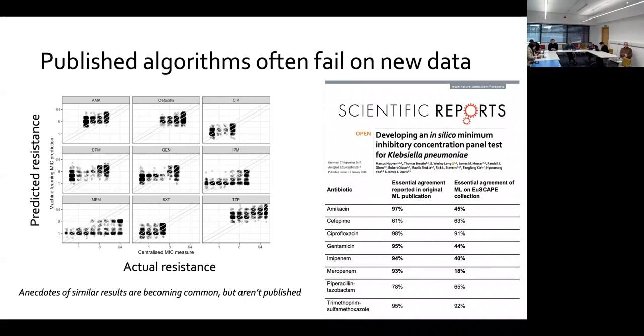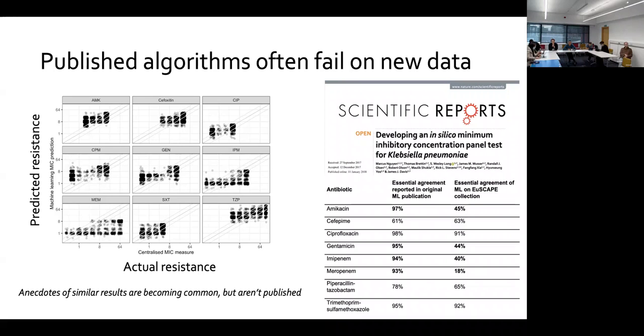So this algorithm was trained with Klebsiella pneumoniae collected from hospitals in America. And I took it and tested it on some of our isolates that were collected from hospitals across Europe, and looked at the accuracy of the predictions. In the table, the numbers on the left tell you how accurate the algorithm was in the paper when they trained and tested it on American isolates.